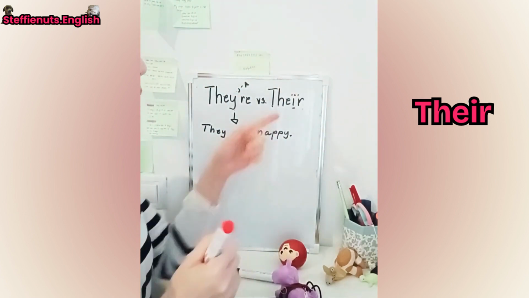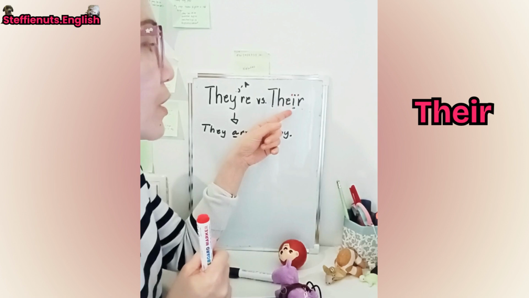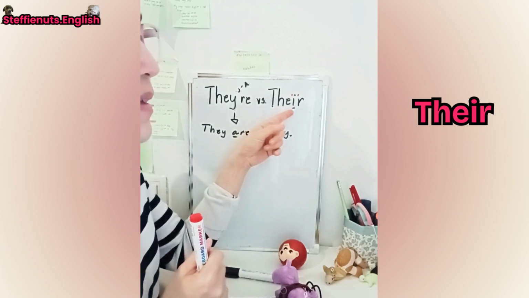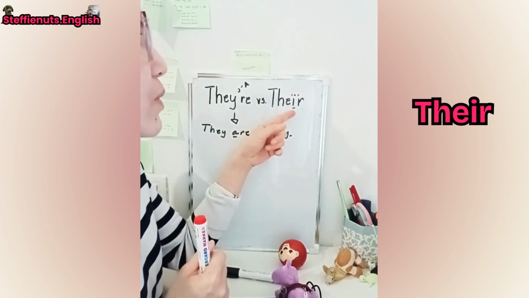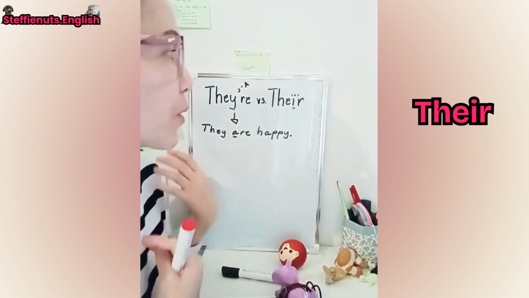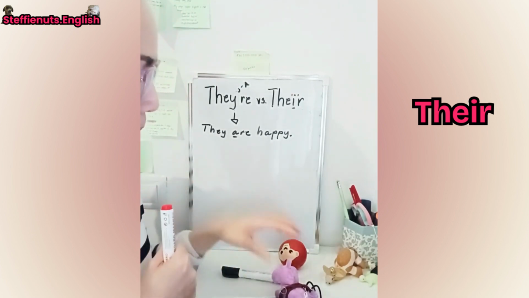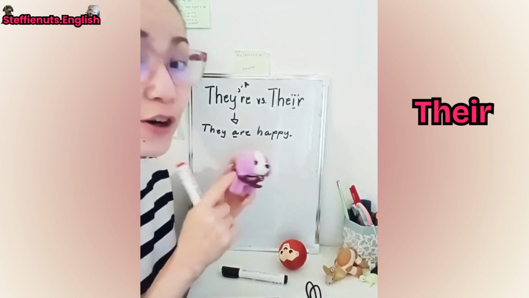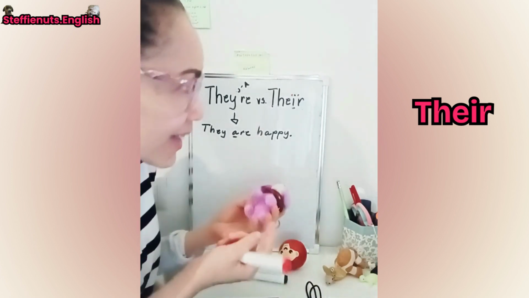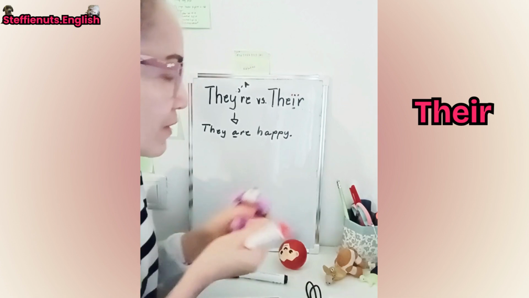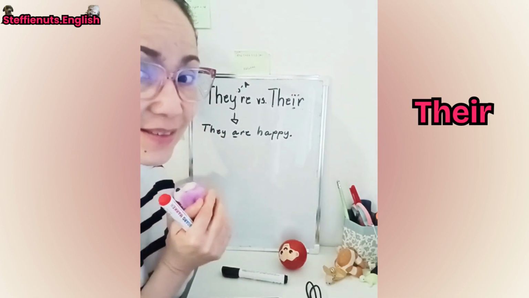Meaning to say, you use this word for ownership or for possession, okay? Like, for example, it is their dog. It is their dog. It means to say they own this dog, okay?